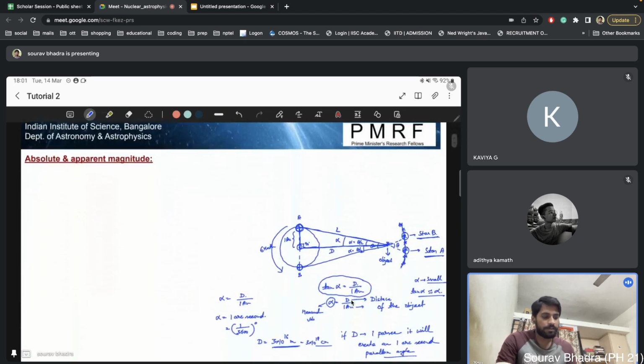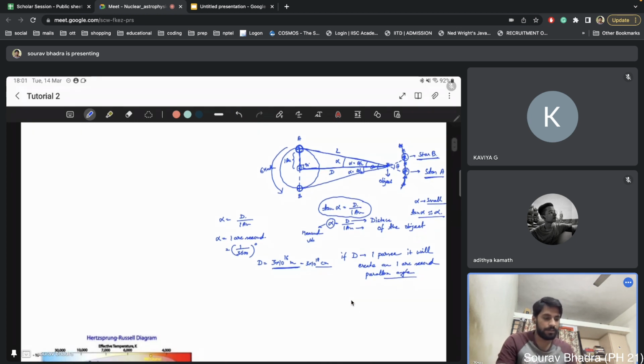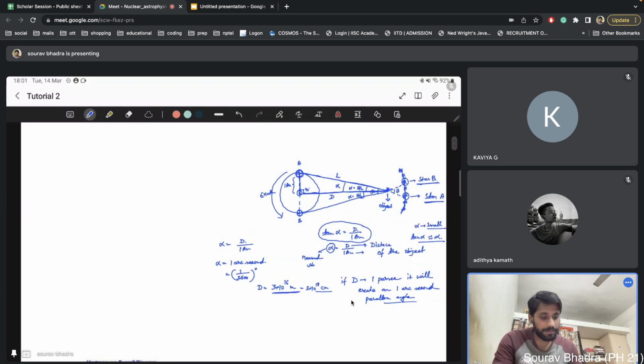Before starting today's class, I will correct one mistake which I made in the previous class. While I was calculating the parallax method, in the figure you can see in my last class, I made a mistake in this part.